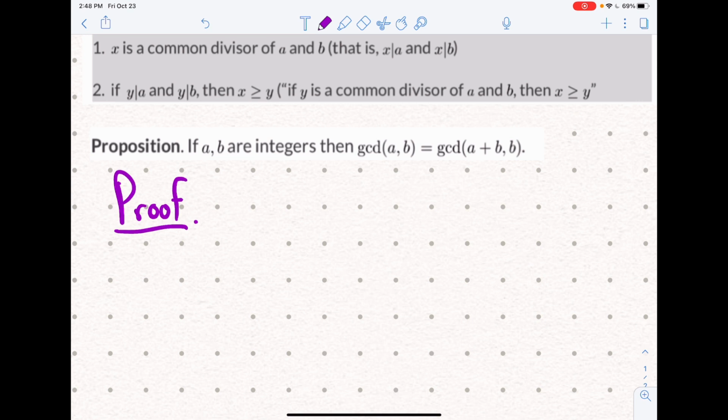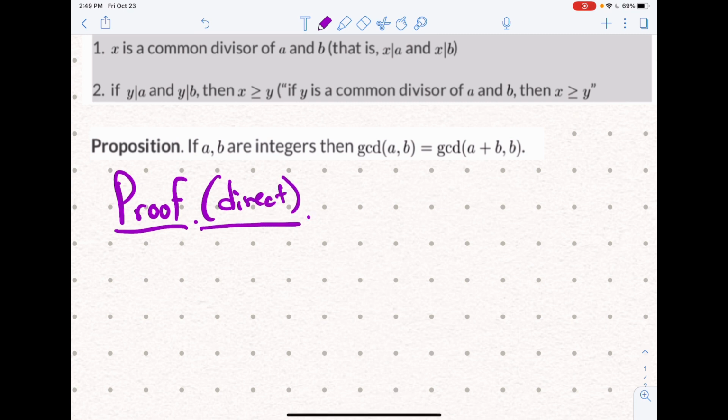That is to say, adding b onto a doesn't change the value of the GCD. Okay, so let's go ahead and see. Here's the proof. This is an if-then statement, a conditional statement, and we'll do this with a direct proof.